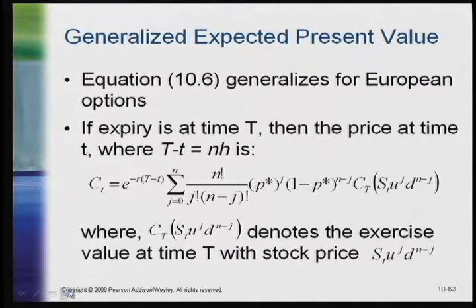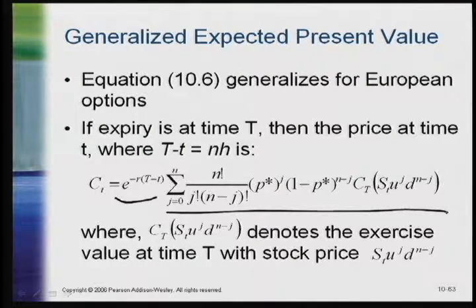And what you'll notice is structurally this formula says, first of all, take a present value over the entire period. So we're starting at time little t, and we have an expiry at time capital T.